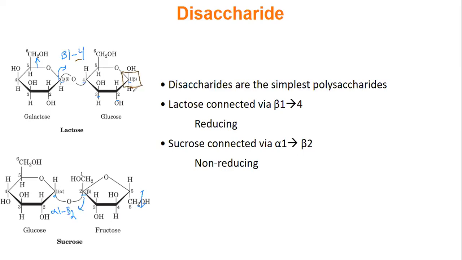Here in lactose, you can see we have an anomeric carbon that is in the beta form, but you would not call this beta 1, beta 4, because this glucose could reopen to be linear and then reform back to alpha. While galactose cannot reopen up because the anomeric carbon is bound, right?